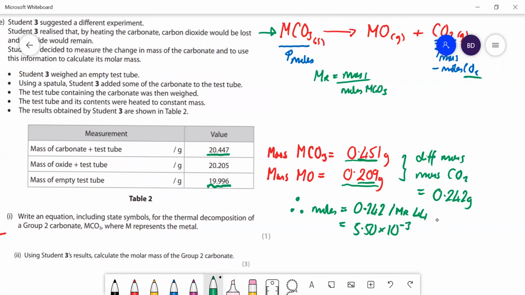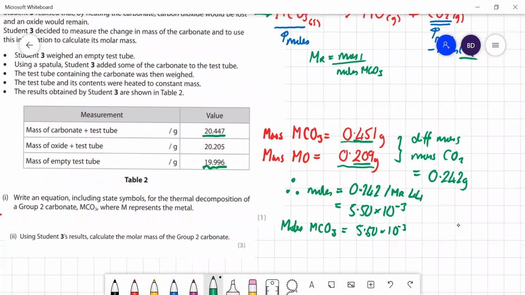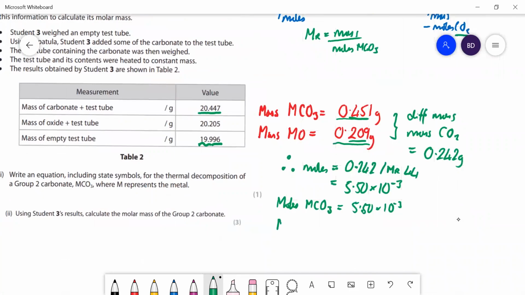Okay, so that means the moles of MCO3, now this is where you can do it in two different ways actually. The moles of MCO3 is equal to that. And also the moles of the magnesium oxide is also equal to that. Right, let us work with the carbonate. We're going to find out the MR of the carbonate.